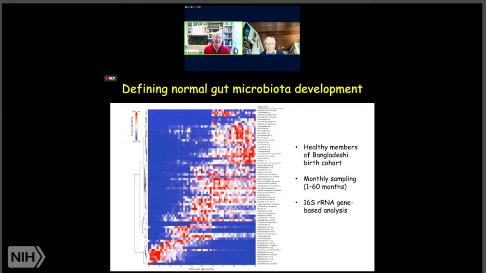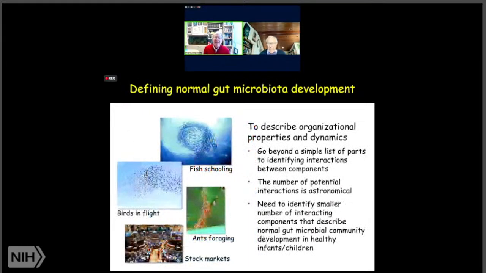This gives you an idea of what parts are there and what parts might be shared by members of the microbial community. But they fail to really address a fundamental aspect that we need to understand about the gut microbiota. And that has to do with its organization and its dynamism. So we need to go beyond a simple list of parts to identify interactions between components.